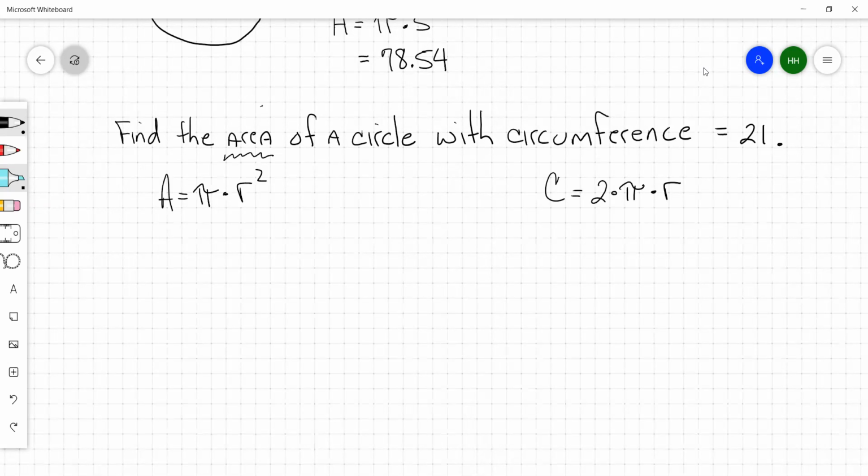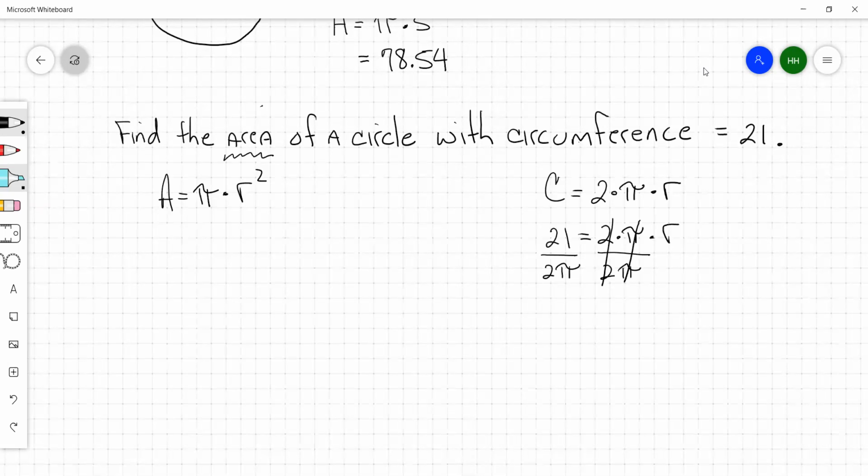That means that if the circumference is equal to 21, then 21 equals 2 times pi times the radius. So we said the other day that the radius of a circle is equal to circumference divided by 2 pi. So divide both sides by 2 pi. The 2 pi's here cancel.